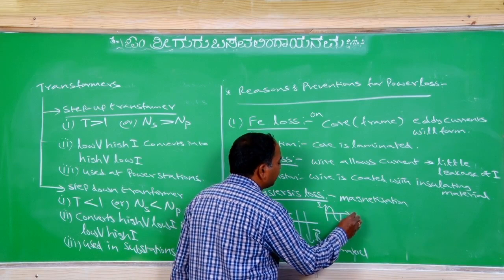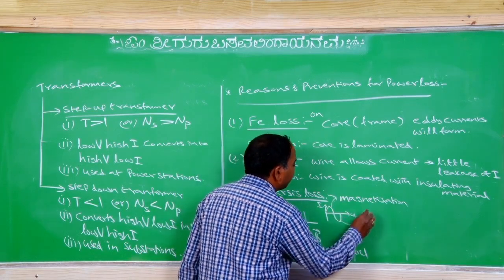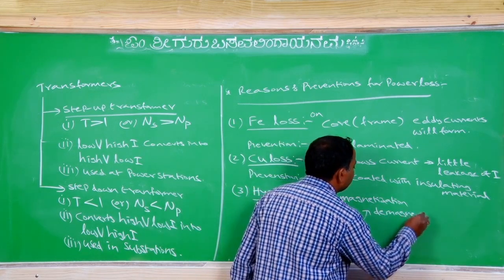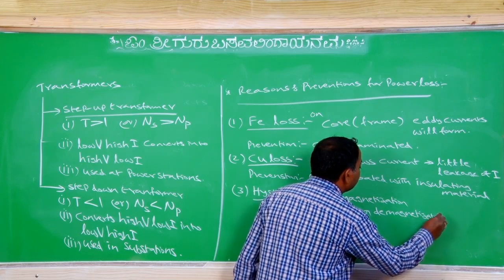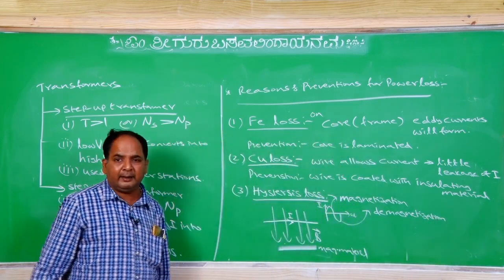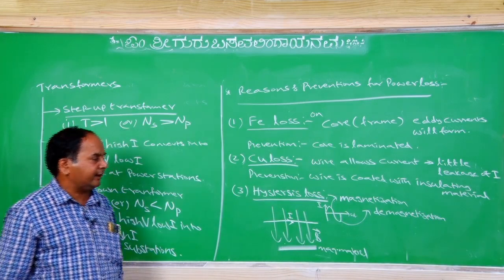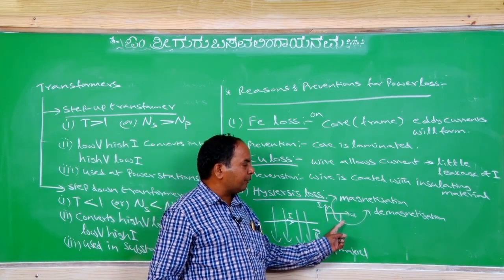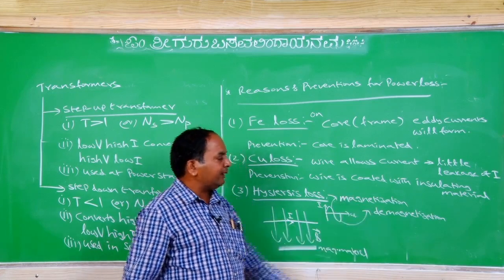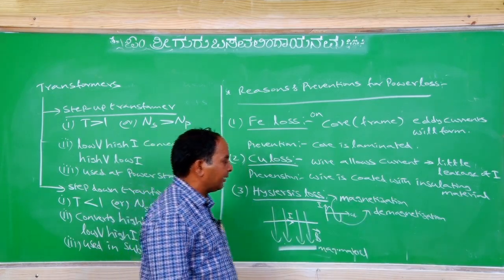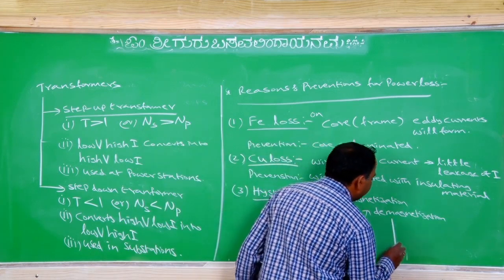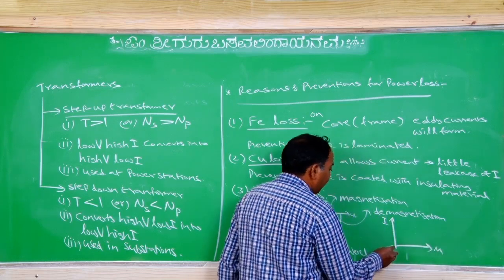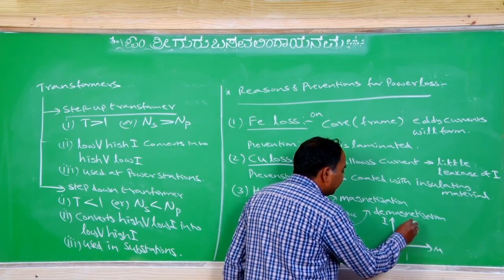The positive pulse causes magnetization and the negative pulse causes demagnetization, because the current direction reverses. When magnetization and demagnetization occur, if you plot a graph between intensity of magnetization and magnetic field, you get a loop like this.